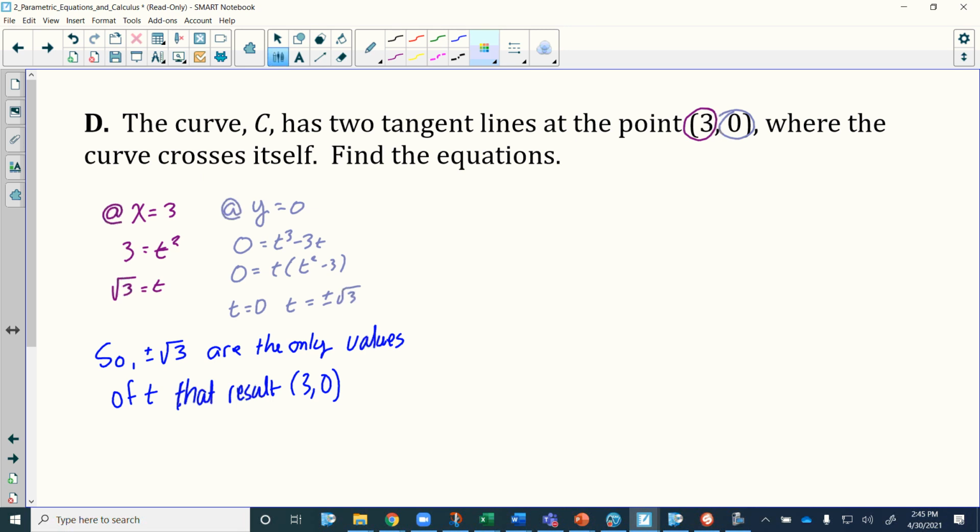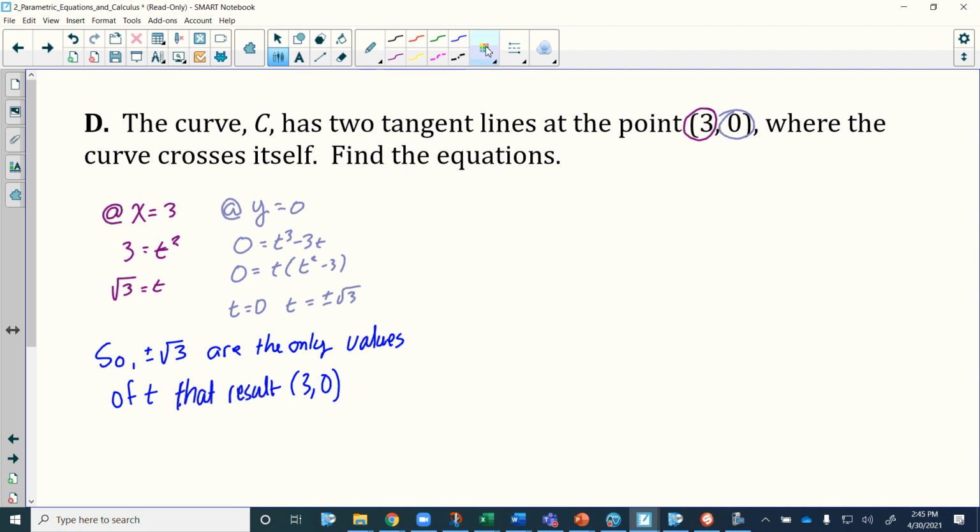So that means we have to evaluate our expression using a square root of 3 in order to figure out what the slope of the tangent line will be, and therefore figuring out what the equation of the line will be.